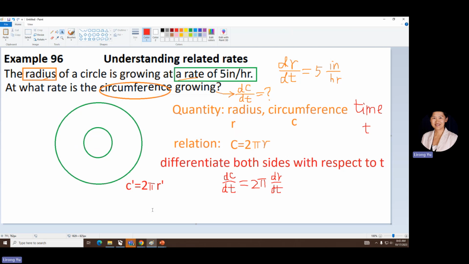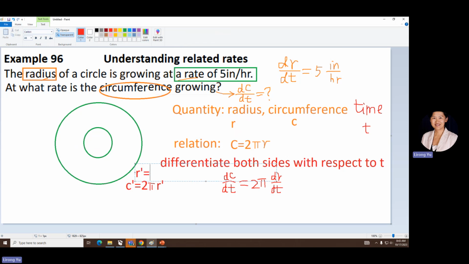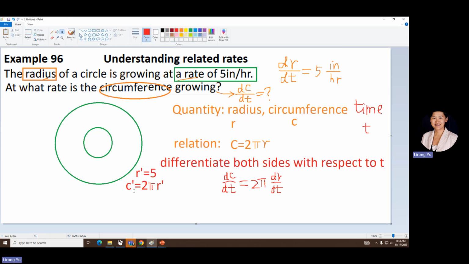The r prime, that is dr/dt, is really equal to 5 when r is equal to 5. Now we can see how we go about calculating it. We're trying to find dC/dt, or C prime. All we have to do is realize that r is equal to 5. So the calculation is 2 pi times 5.